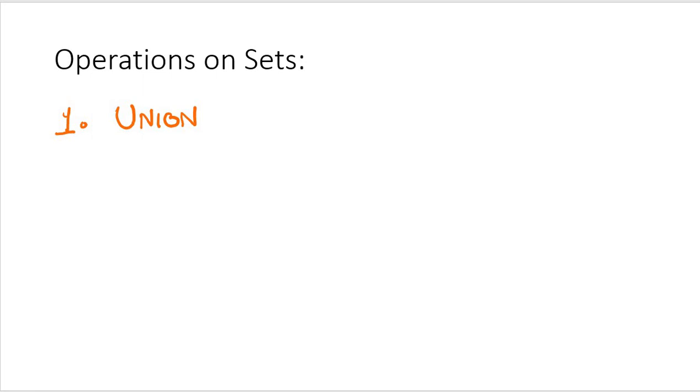Now this union is denoted by A union B, which is A∪B, and this is the set of all elements which belong to A or to B.